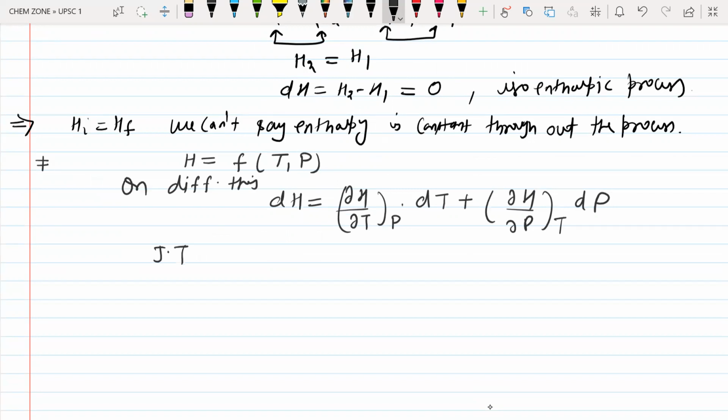For the Joule-Thomson effect, we just proved that it's an isoenthalpic process. So we can put dH equal to 0 in the above equation.